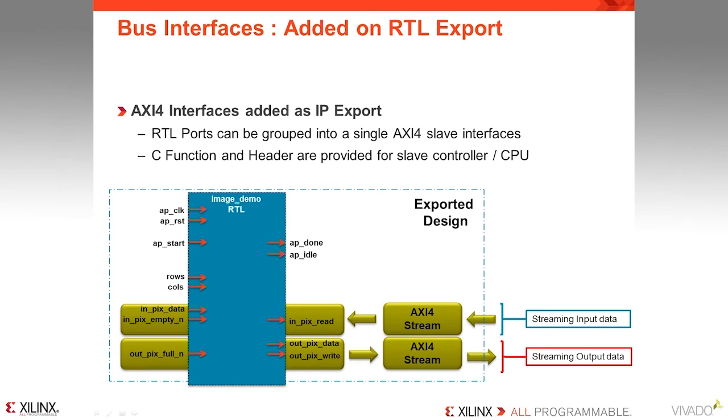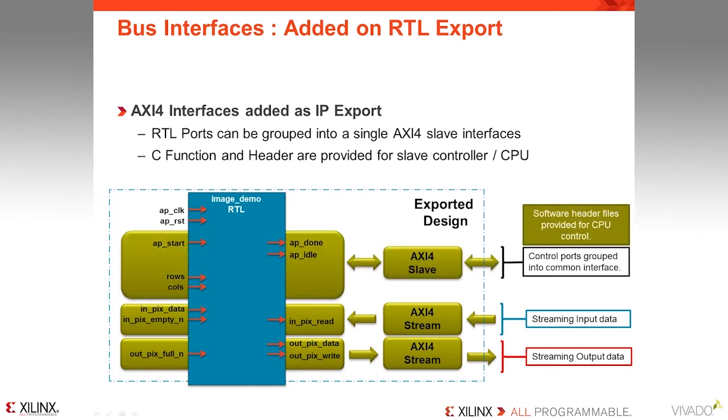We can also create an AXI Lite interface, and because we can create an AXI Lite interface, we can group many different ports together into an interface that can actually be addressed via the CPU. So you can see that we can build up a fairly complex I/O protocol and connect this block up into a wider system.